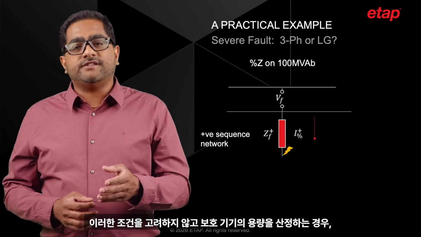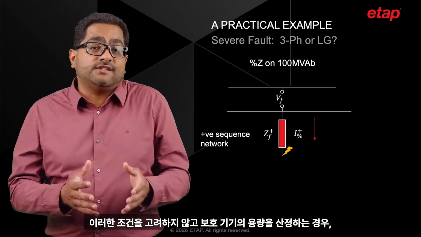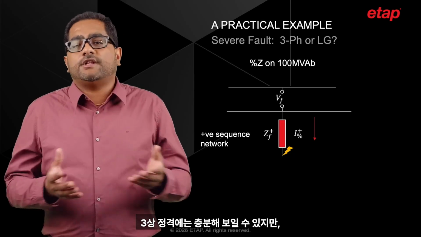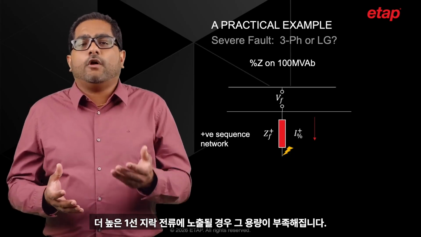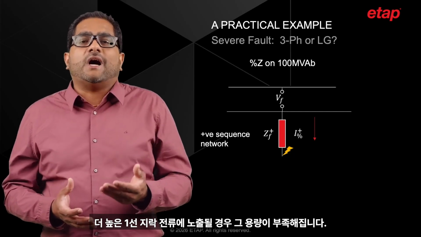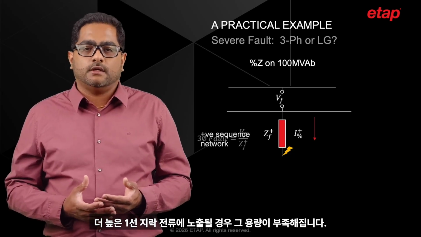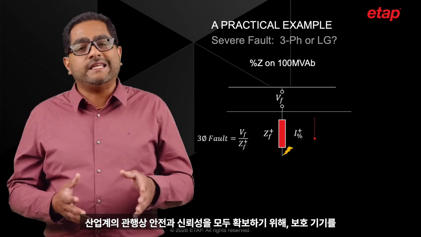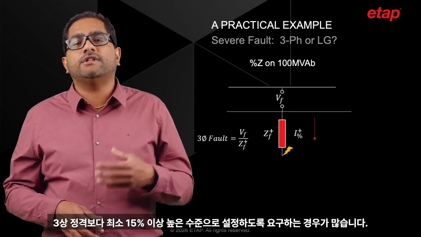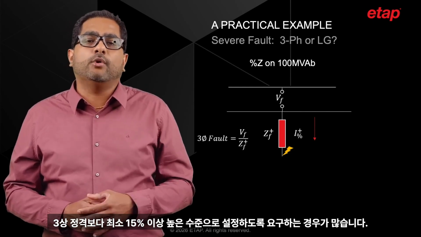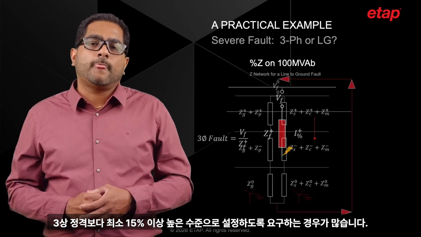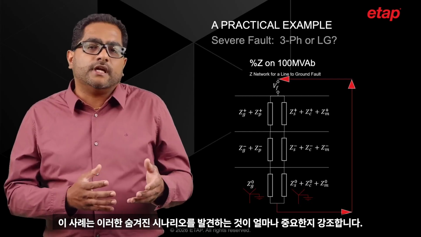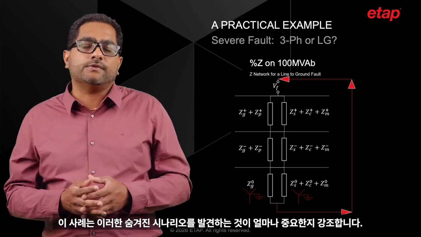When protective devices are sized without considering this condition, they may appear sufficient for a three-phase duty, yet fall short when exposed to a higher line-to-ground current. Industry practice often requires sizing protective devices at least 15% above the three-phase rating to ensure both safety and reliability. This example highlights just how important it is to uncover these hidden scenarios.